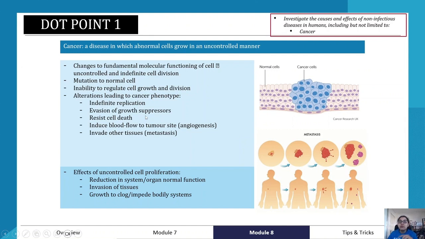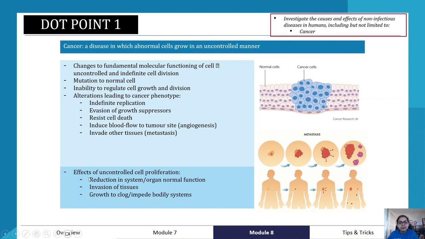Like we spoke about in module 7, apoptosis, when there's cell death, these cells can become powerful enough to resist it. They can also induce blood flow to the tumor site, which is called angiogenesis, and invade other tissues, which is metastasis. So as you can see here, we've got cancer in one part of the body, and it's slowly starting to spread to other parts of the body.